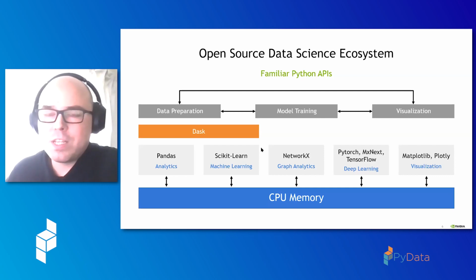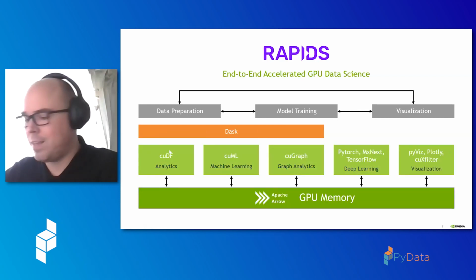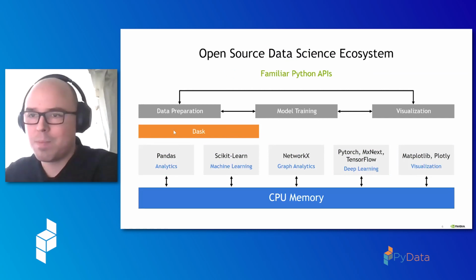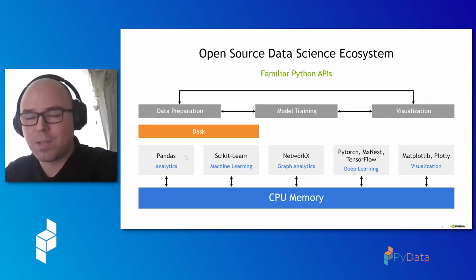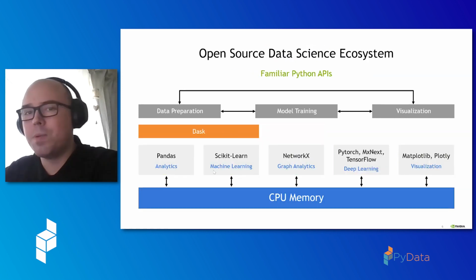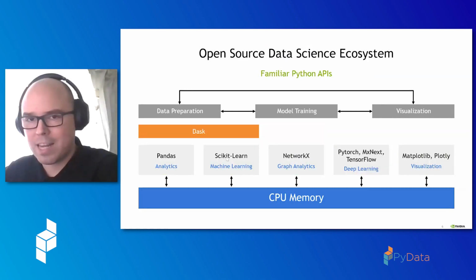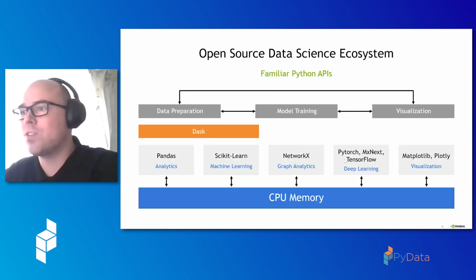So what we'll be discussing today are the following libraries. cuDF, which is a drop-in replacement of Pandas. By drop-in replacement, again, I mean we were trying to maintain the API so that you don't have to change your code. cuML, which is intended to be a drop-in replacement of SciKit Learn and XGBoost. cuGraph, which is intended to be a drop-in replacement of NetworkX.